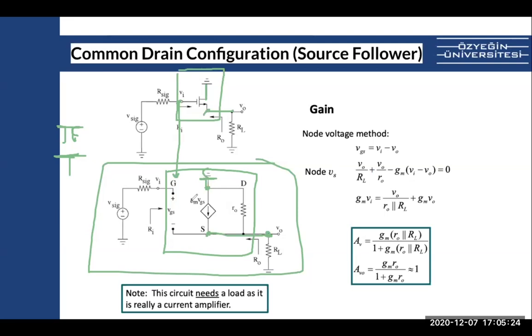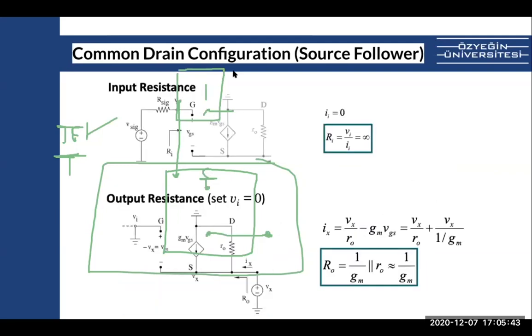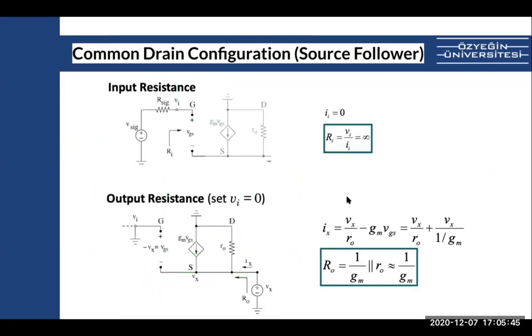Instead of this small signal, you can make another small signal configuration, which will help you solve the circuit. But mostly we use the pi model. Anyways, for this configuration, again, we need to find Av0, the gain. Also, we need to find input resistance and output resistance. And you just do it the same ways I taught you.